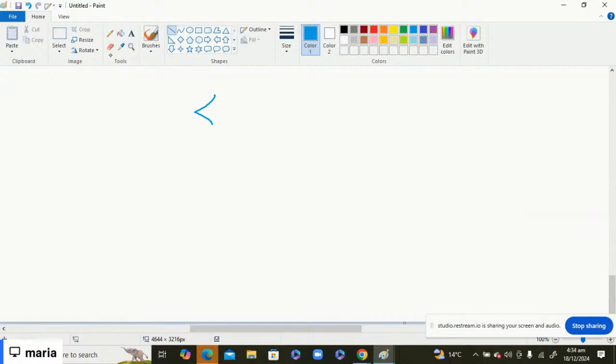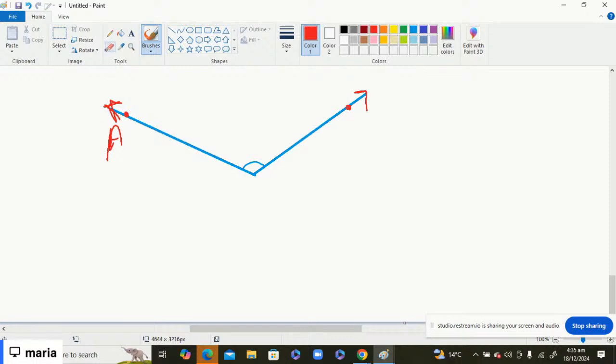And if some angle is given, here is the angle which is given, and then there are three names over it, X, Y and Z. So how can we name this angle?